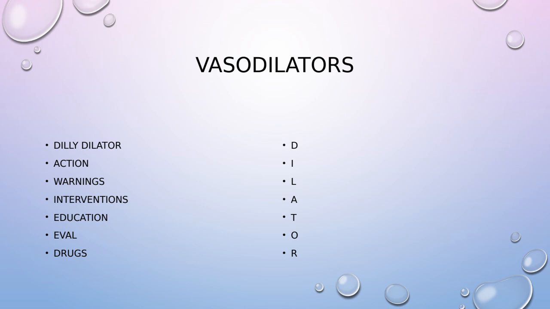So your peripheral volume drops and your heart's going to increase its heart rate because it has less volume to work with. But that's kind of what you expect to happen. At the same time, we have to be careful with the tachycardia. You don't want them pounding around at 140 because that could cause a rhythm disturbance. So just be mindful of those things. Can cause edema and or weight gain.